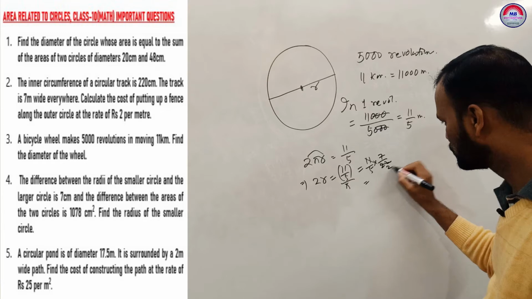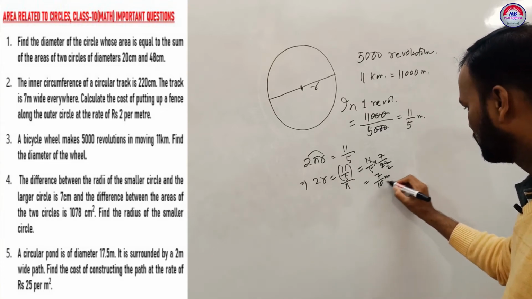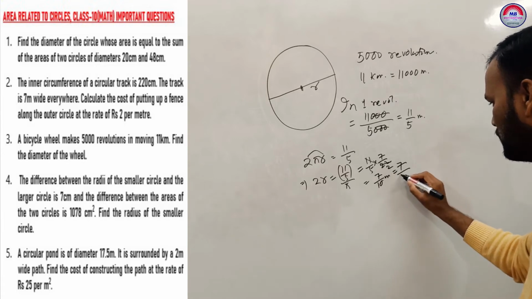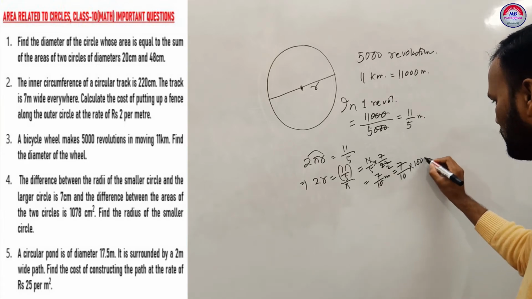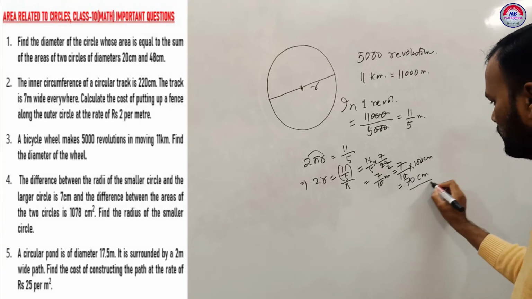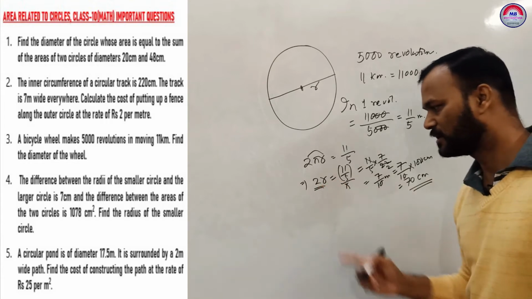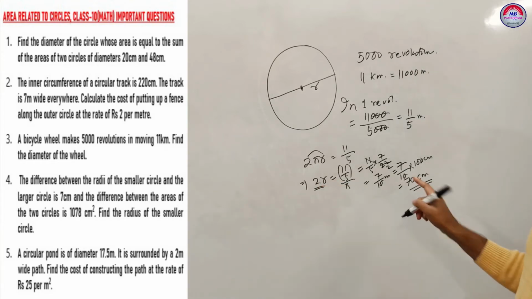Now you see it is 7 by 10 meter. So you can convert this into centimeter, multiply by 100 cm, that equals 70 cm. So 70 cm is the diameter, because 2r is the diameter. So the diameter is 70 centimeter.